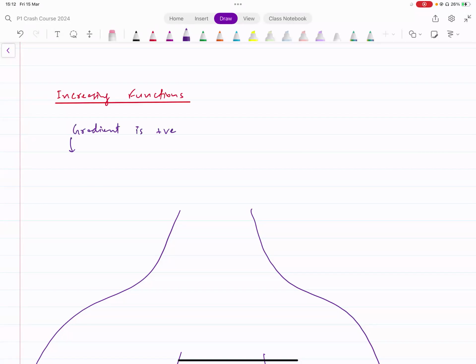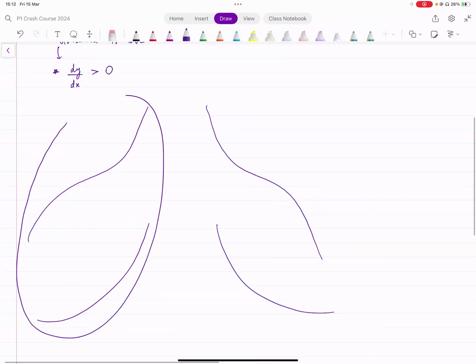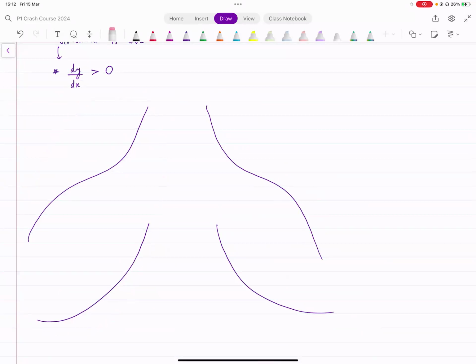So what this means is, whenever you have an increasing function, the derivative dy over dx is going to be greater than 0. So in increasing functions, what you need to remember is dy over dx is greater than 0. So for this function, the derivative is always going to be positive for functions like this on the left side.